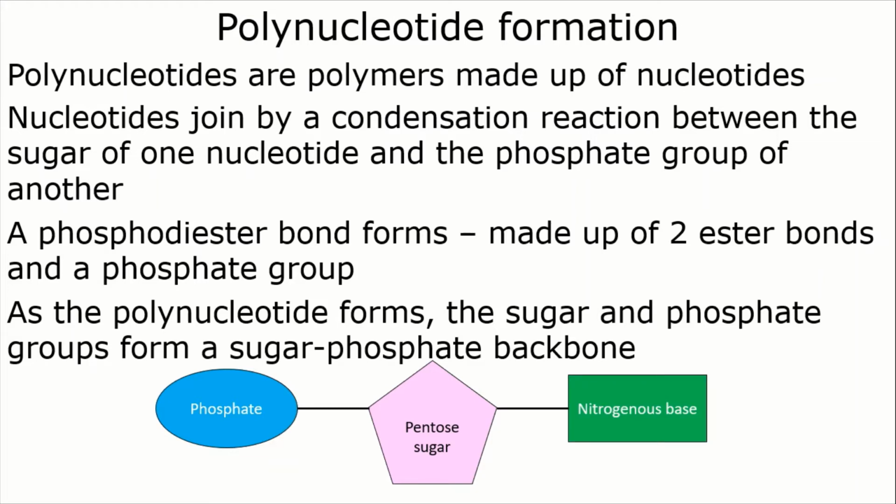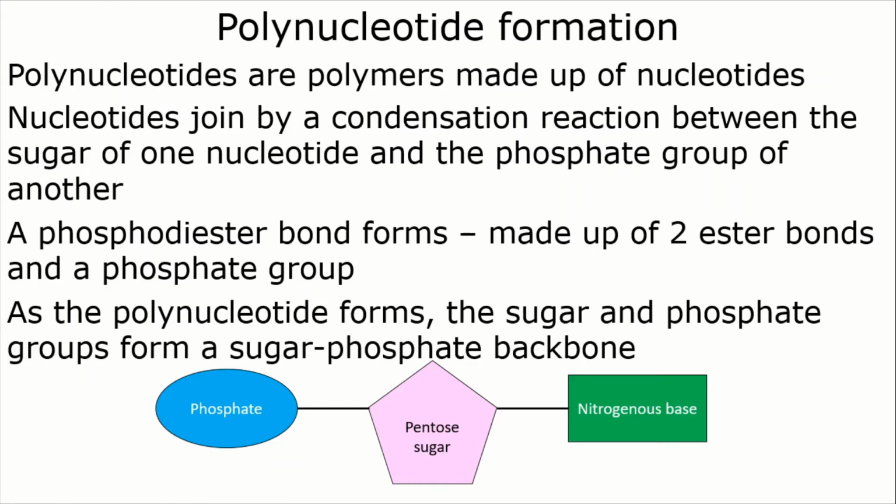And obviously our nitrogenous base is also present. Although these bases are not involved in the formation of phosphodiester bonds and the sugar-phosphate backbone, they will stick out and pair by something called complementary base pairing, which we'll move on to in just a second.